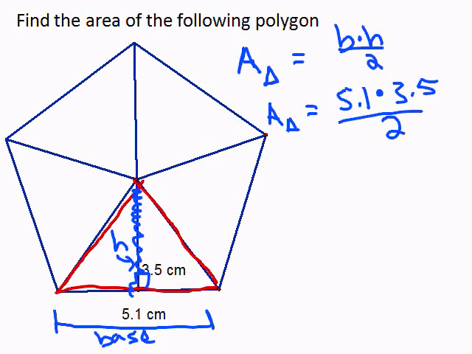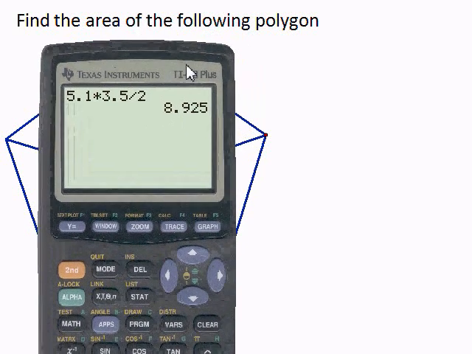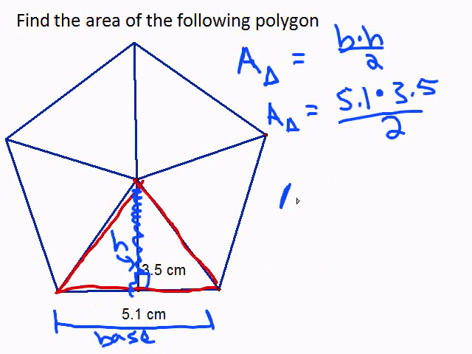When we grab our calculator and we go 5.1 times 3.5 divided by 2, we get 8.93. So the area of just one triangle is equal to 8.93, or 8.925 exactly, centimeters squared.